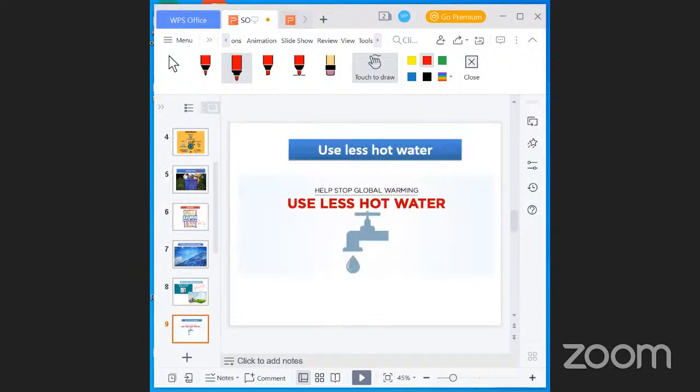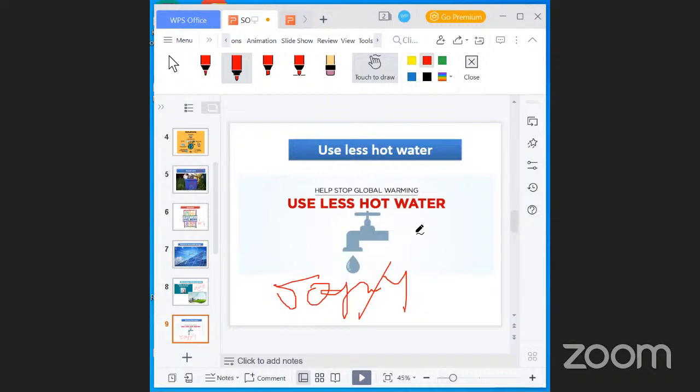Now we are going to use less hot water. So it means, do you know, you can save 500 pounds, means 50 grams, of carbon dioxide per year if you switch to cold showers, right?